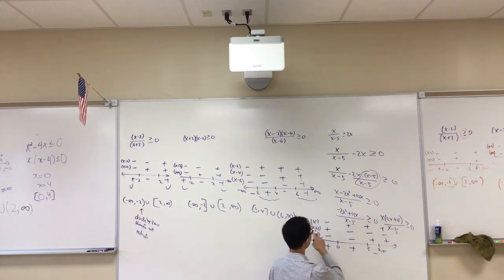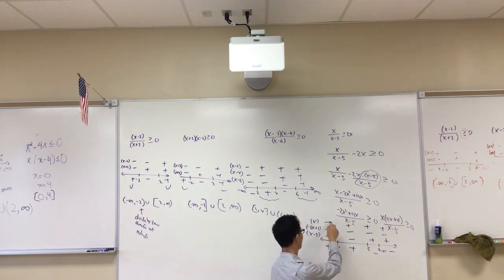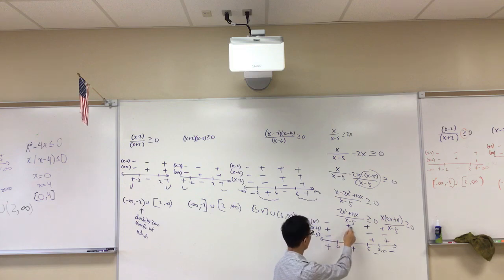Wait, something's wrong. Did I mess up the sign? Negative 2, 5.5, so negative, positive, negative, positive.